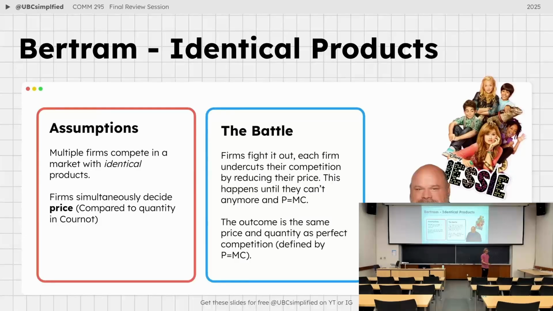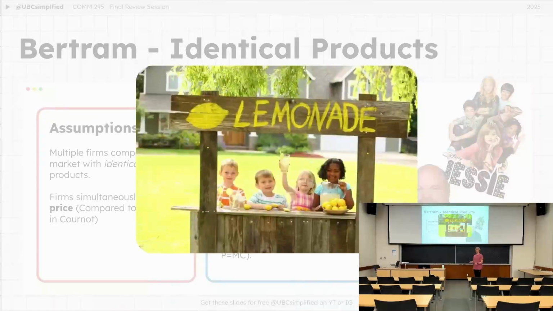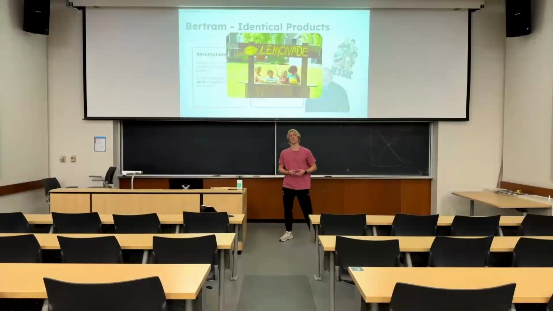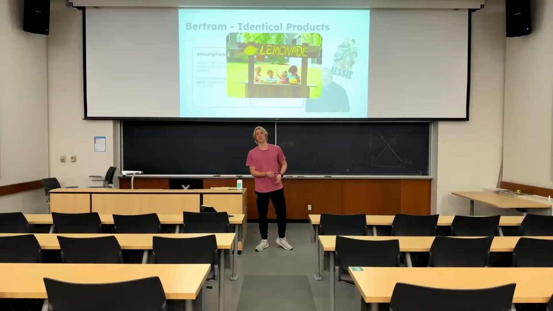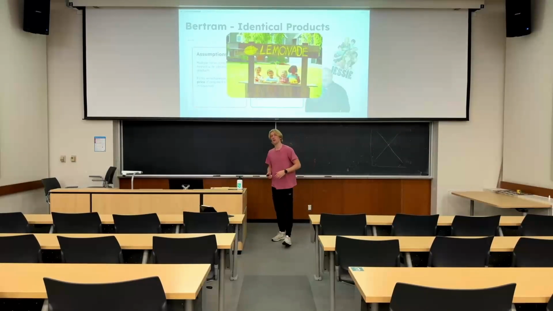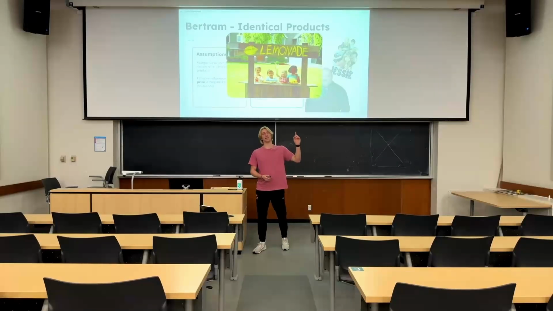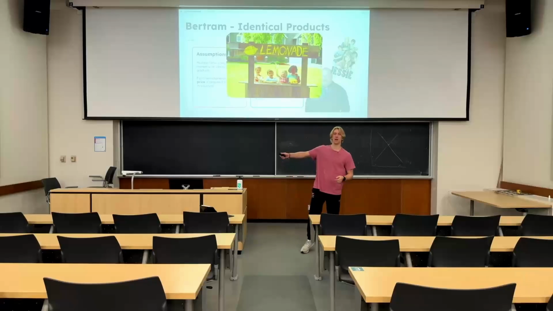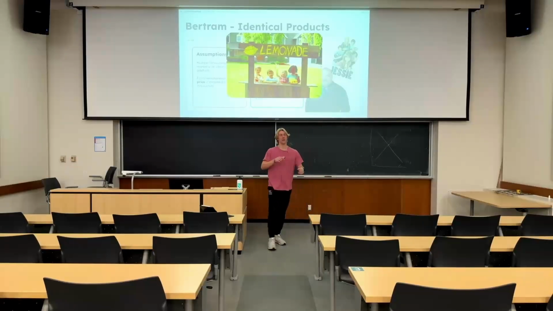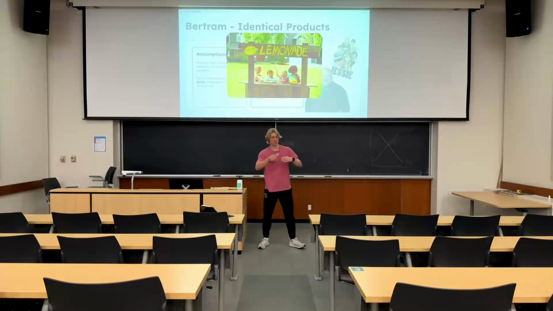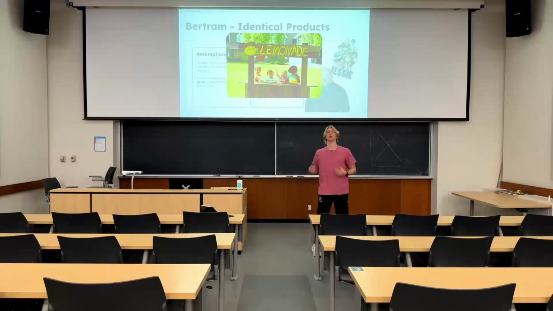How this is going to look is, imagine I was up against four kids selling lemonade right beside them, and they had their cups of lemonade, I had my cups of lemonade, and they priced it for $2. I'm going to come in there and say, buy my lemonade, it's the exact same thing, but $1.99. They're going to look at me and say, whoa, what are you doing? They're going to price it for $1.90. We're going to keep battling it out, undercutting each other until we get to our marginal cost, until we can't go any lower.